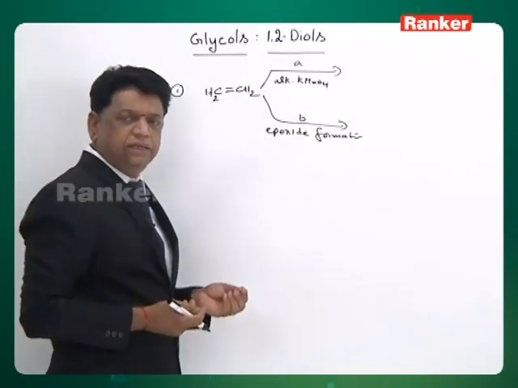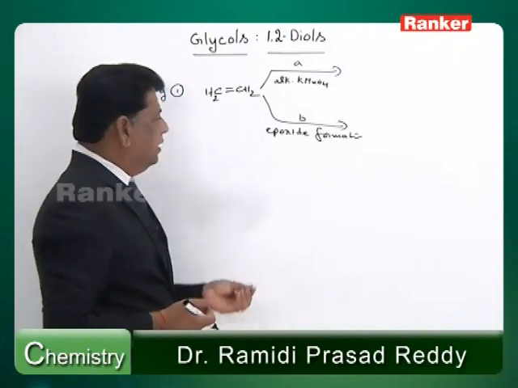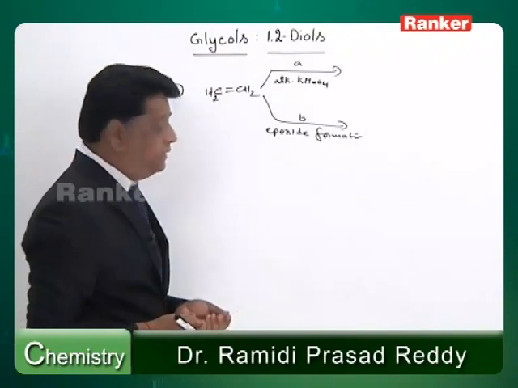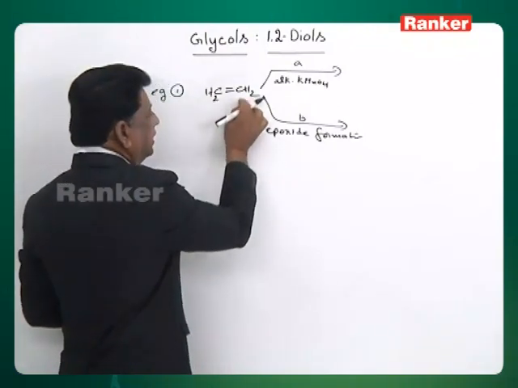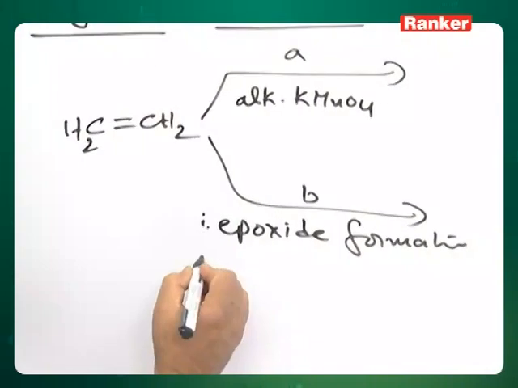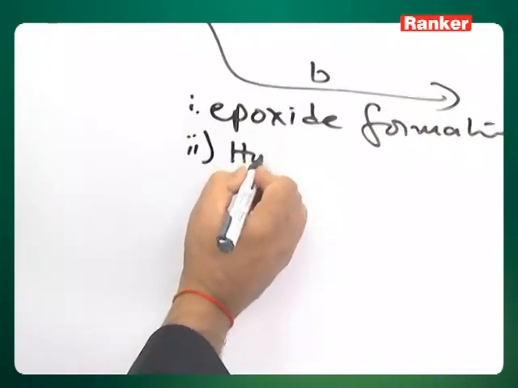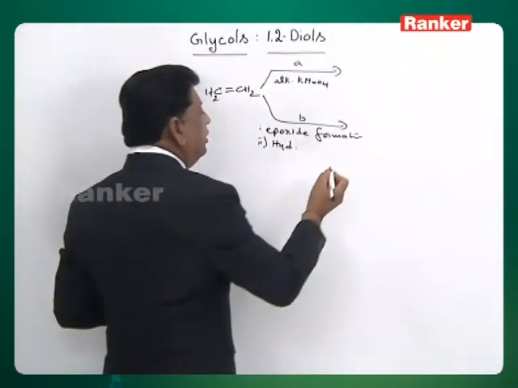You can add silver oxide, or peroxides, or peracids like peracetic acid and so on. So you add an oxygen on the double bond, you get an epoxide, followed by hydrolysis. The hydrolysis also, as I said, can be in acidic medium or basic medium.